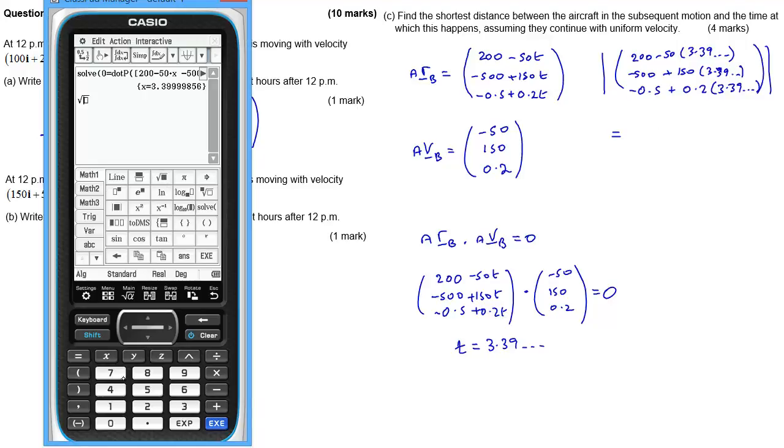So that's going to be the square root of 200 take away 50 times this number here, squared, plus negative 500, add 150 multiplied by this same result.